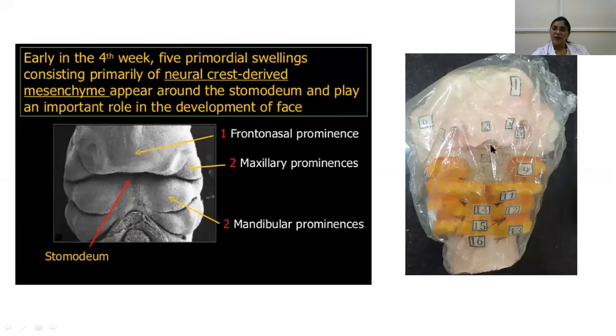And then they'll ask you about nerve supply. Whatever is developing from this is the ophthalmic division, maxillary division, and this is the mandibular division of the trigeminal nerve. And again, this divides into the median and lateral nasal processes. You just read about the development of the face and you get the questions. In theory also, you get this question frequently: development of the face, development of the palate, anomalies of the face, anomalies of the palate.